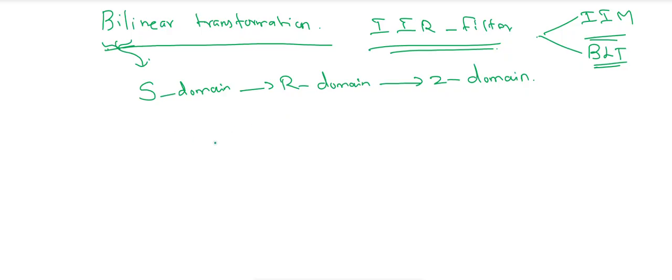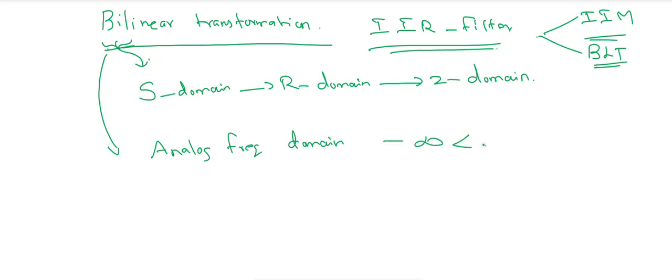So in the bilinear transformation, what are the frequencies in the analog domain? The analog frequency range is minus infinity to plus infinity. This is compressed into the digital domain by using the bilinear transformation. The digital frequency omega is compressed into the range minus pi to plus pi. So the analog frequency is compressed into the digital frequency, from minus infinity to plus infinity, into minus pi to plus pi.